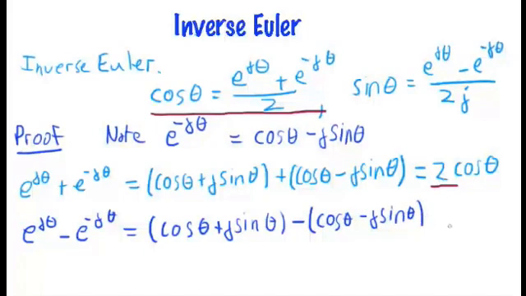Now when I subtract, the cosine cancels, and I end up with 2j sine of theta. Once again, if I divide by this factor of 2j out front, I end up with my formula for sine. In the next slide, we'll illustrate the use of these formulas in a simple problem.